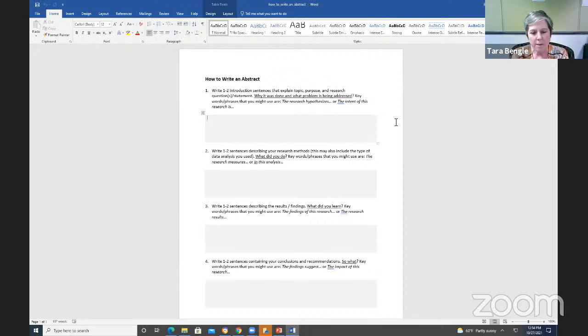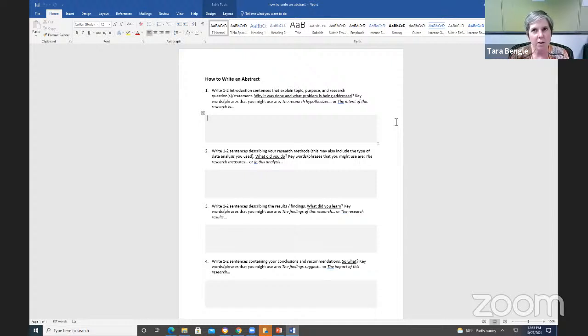Oftentimes, don't be mistaken thinking that something that's so short to write will be easy to write. Because for me personally, that's always been a challenge, to really condense and concisely state something. So definitely spend some time on it.